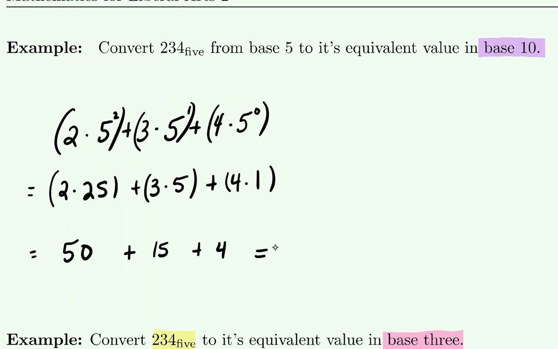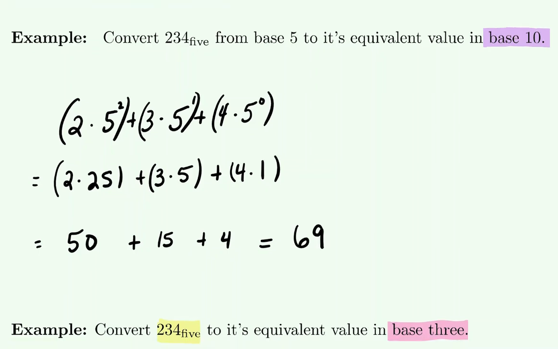And definitely you can do all of this in your calculator as well. Adding these together, we would get 69. And you can leave it as just 69. Remember, when we're in base 10, it's implied that it's base 10 if there's nothing written. And you could also write it as 69 base 10 if you like. But either of these would be fine.